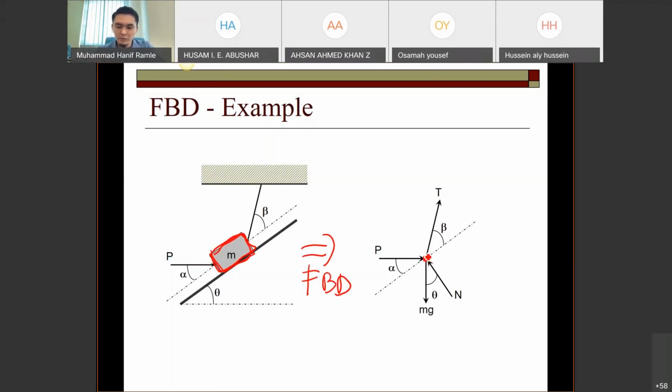Then you put the external forces P and T, and then these are the internal forces. That's it. Easy, right?